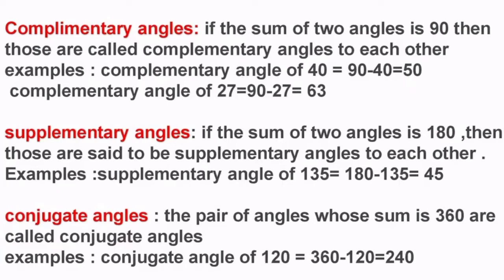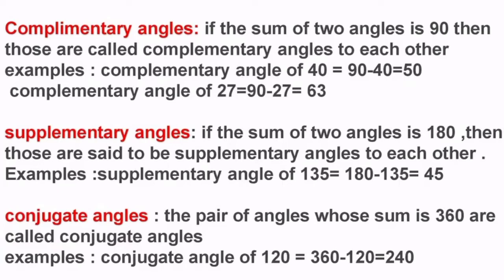Therefore, the complementary angle of 40 is 50. Also, the complementary angle of 27 is 90 minus 27, which is equal to 63.